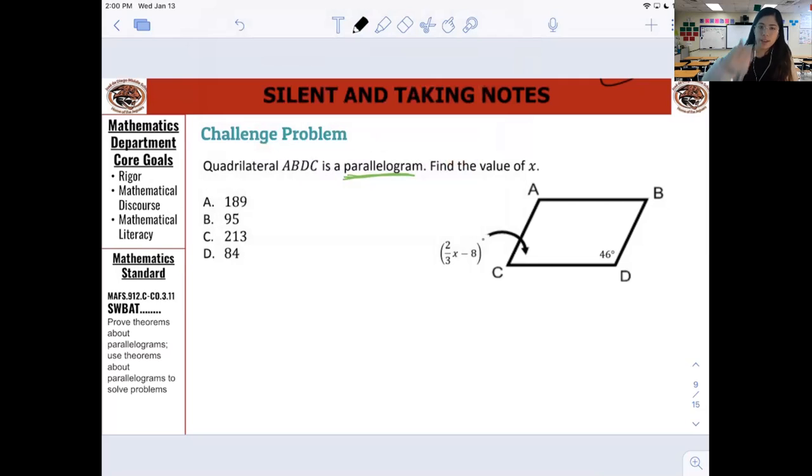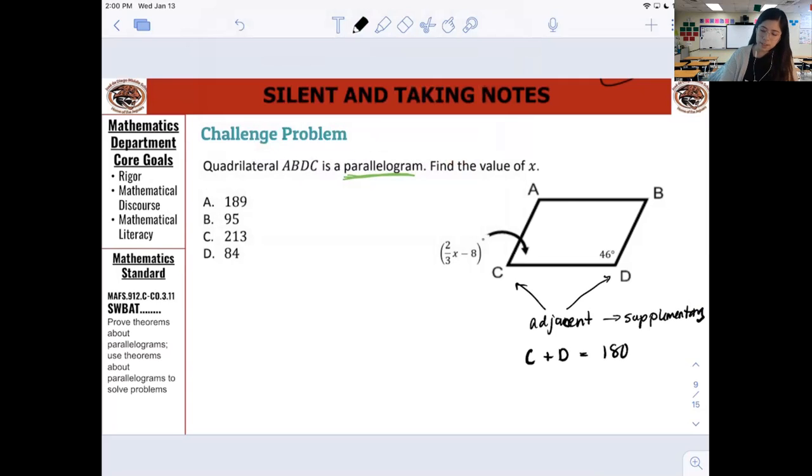Okay, so in this case, I have C and I have D. Are those opposite angles or adjacent angles? Adjacent. Which means they are supplementary. So I know that C plus D equals 180.